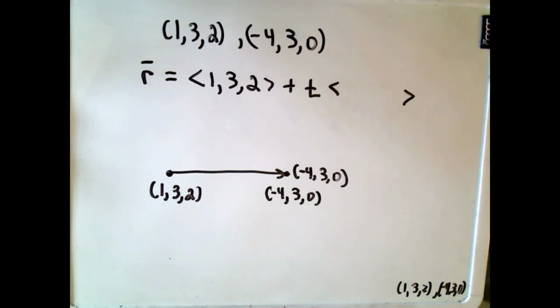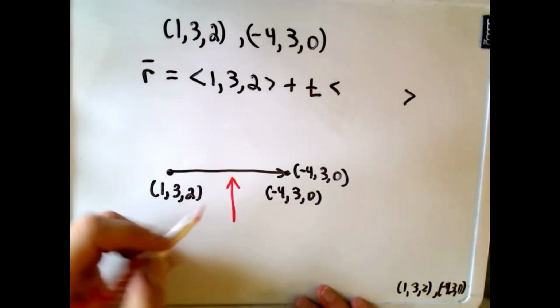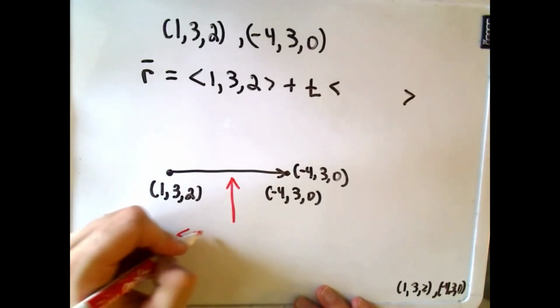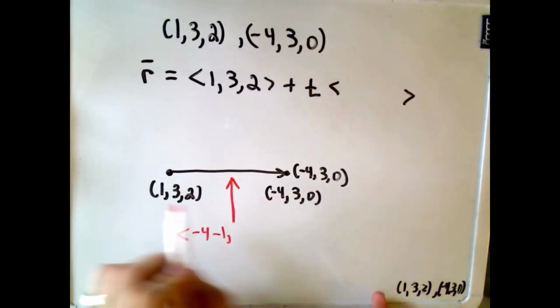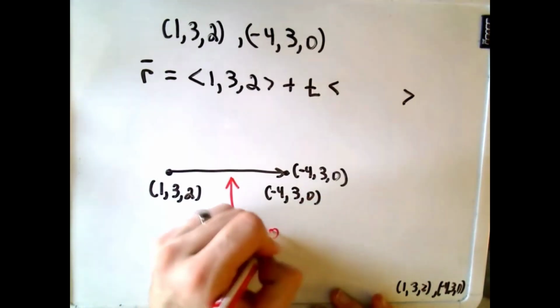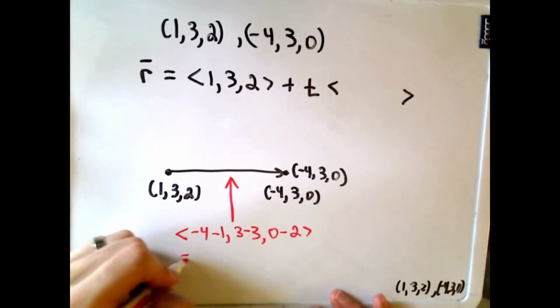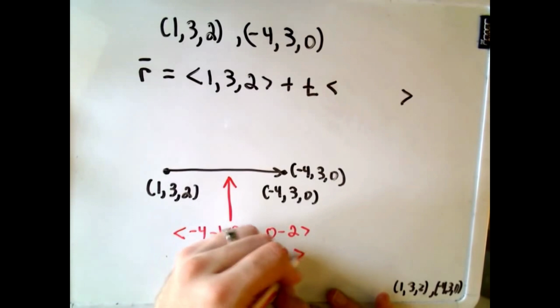Remember, to find this vector, we simply subtract respective components. So I would take negative 4 minus 1, 3 minus 3, and 0 minus 2. So we would get negative 5, 0, negative 2.